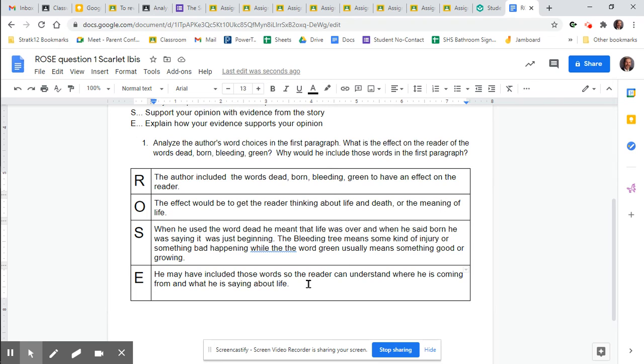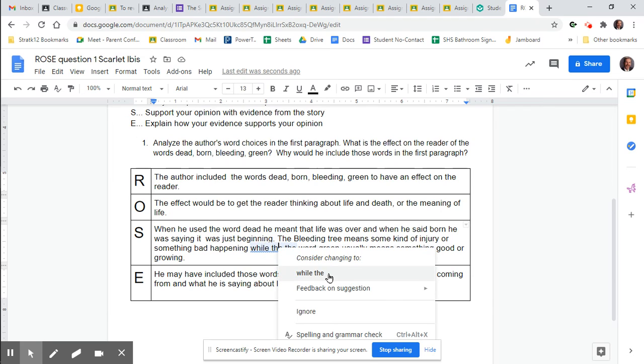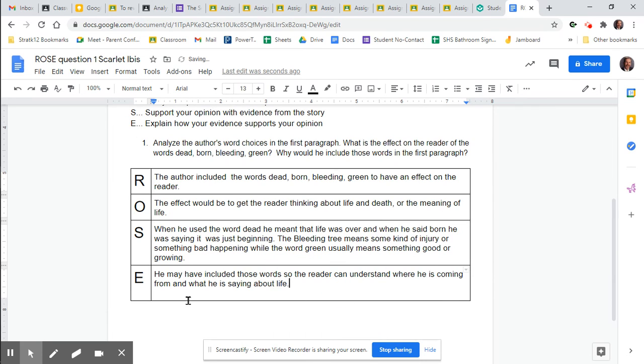So maybe the author included those words to show something about life and people coming into our lives and how short it can be, and we need to appreciate it or something like that, or how remarkable it can be to have people come into our lives even though they'll only be there a short while. So we could have potentially put that in the end.